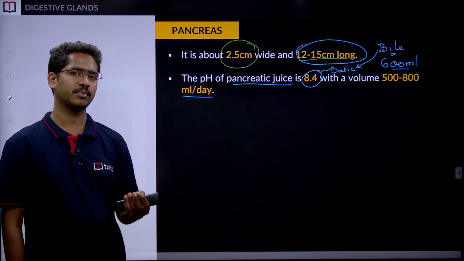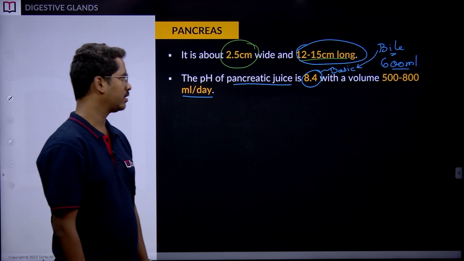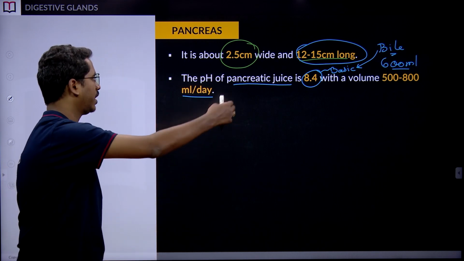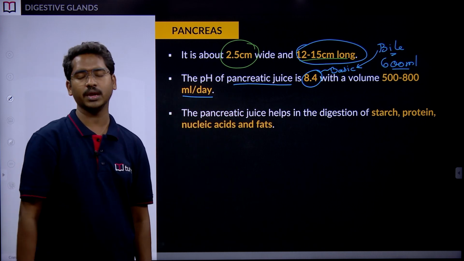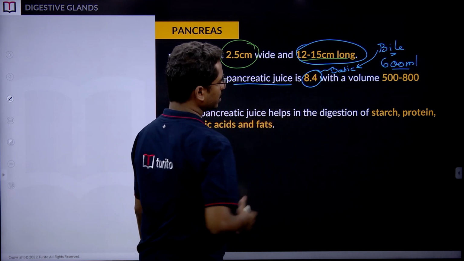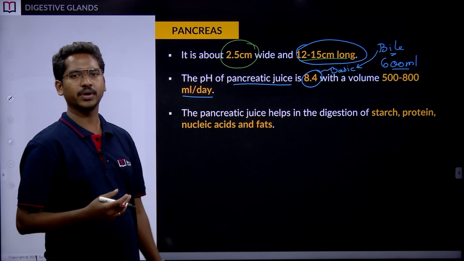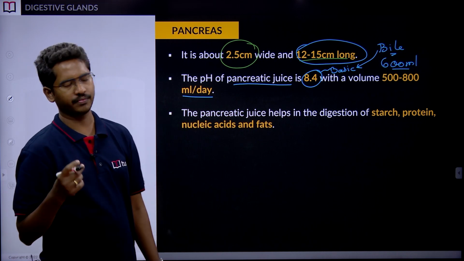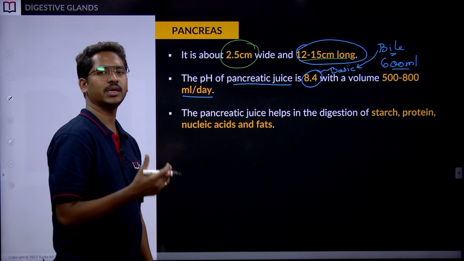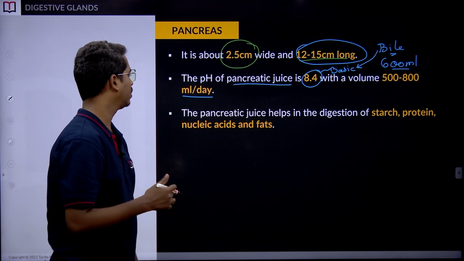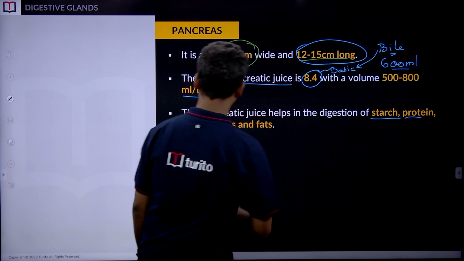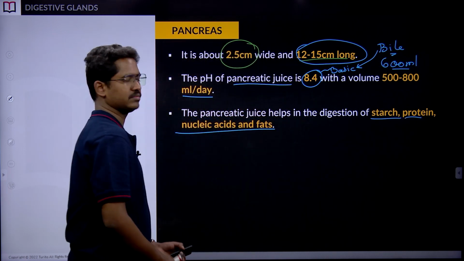The chyme comes into the duodenum, and you can understand that with 500 to 800 milliliters per day, it is around 1.3 to 1.4 liters of the component that makes the acidic component basic, and that is why it is helping digestion of starch, protein, nucleic acids and fats.